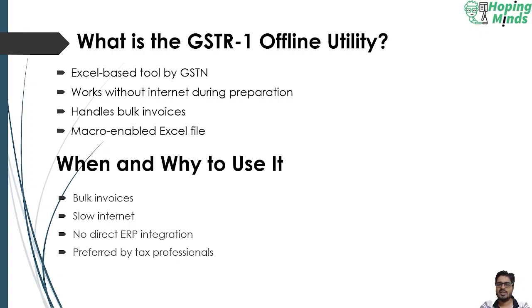In case businesses do not have any third-party software or ERP integration, then this offline utility serves the purpose of preparing bulk data for GSTR-1 return. Then preferred by tax professionals. Tax professionals who are engaged in handling multiple clients use this offline utility for preparation of GSTR-1 data.